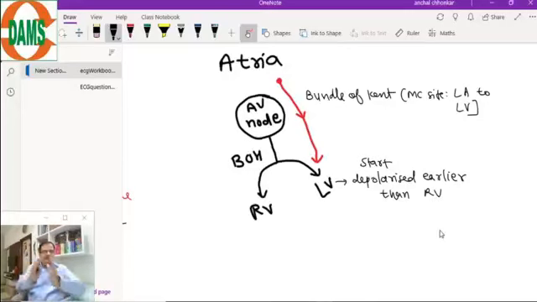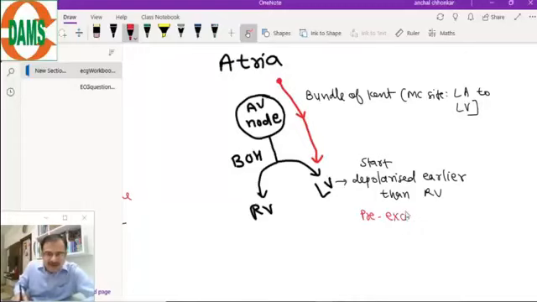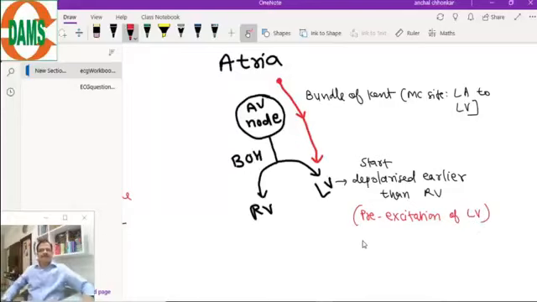This is obvious because the impulse will go to the left ventricle much earlier. So there is a terminology known as pre-excitation of the left ventricle. It is the left ventricular muscles which get pre-excited.